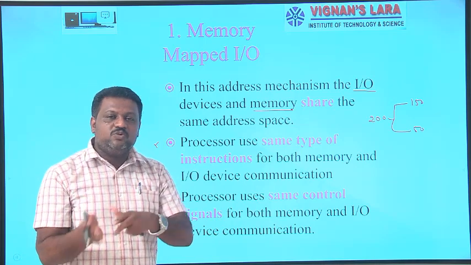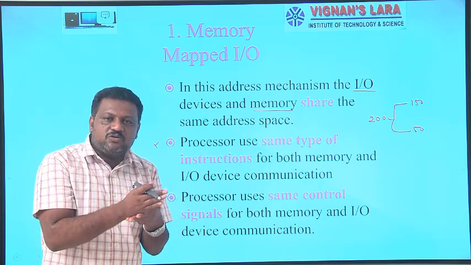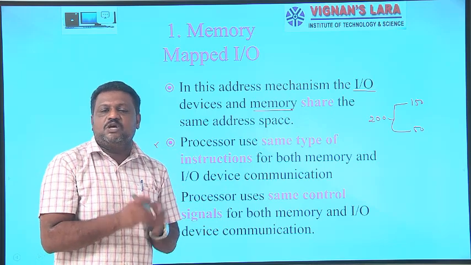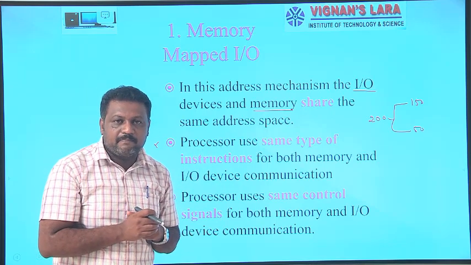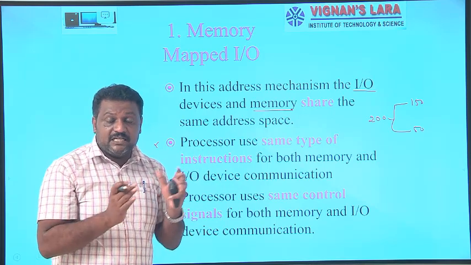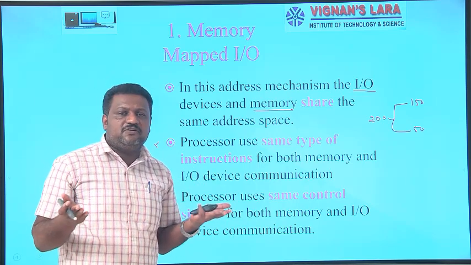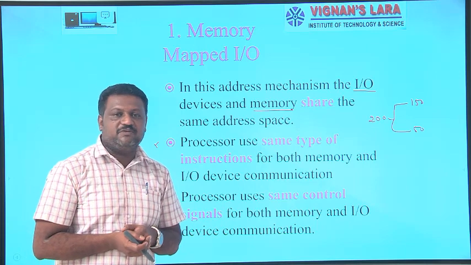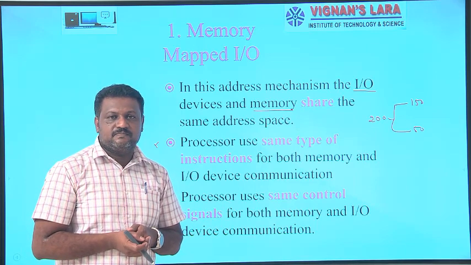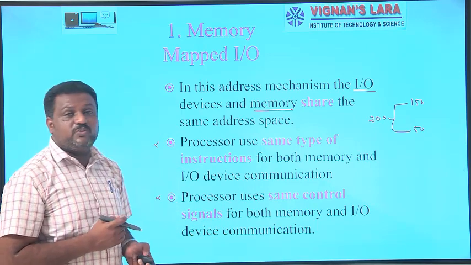And the second thing is, whenever your CPU uses the same control signals to communicate with IO devices that it uses for a memory, the design of your system is easy, because you need not maintain some other set of control signals to communicate with IO devices. So that is the advantage we are getting from this.